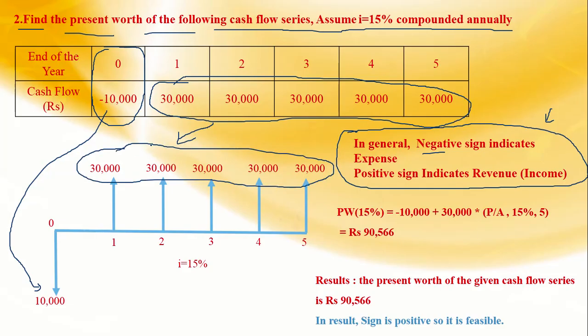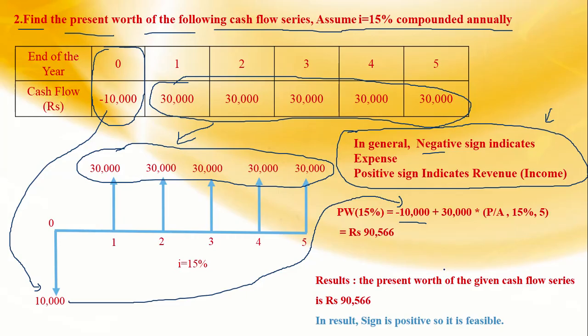It is PW of 15% is equal to minus 10,000, because this is a revenue dominated cash flow. So in a revenue dominated cash flow, revenue is positive and expense is negative. Expense is negative, which means the initial investment is an expenditure, so we are giving the minus symbol.